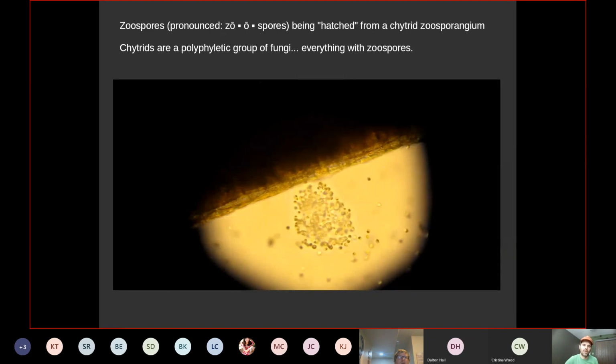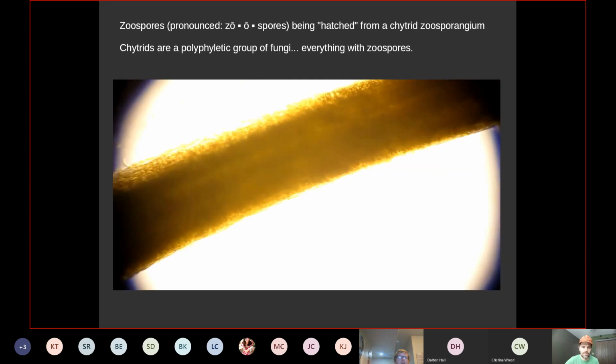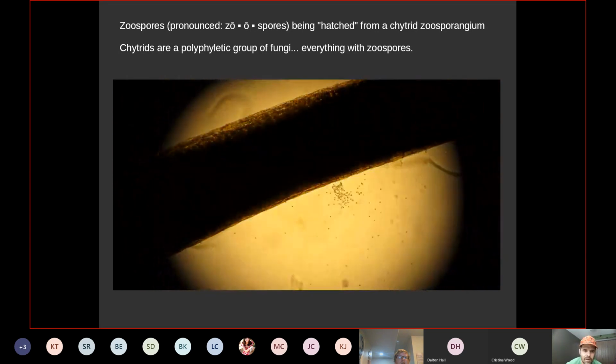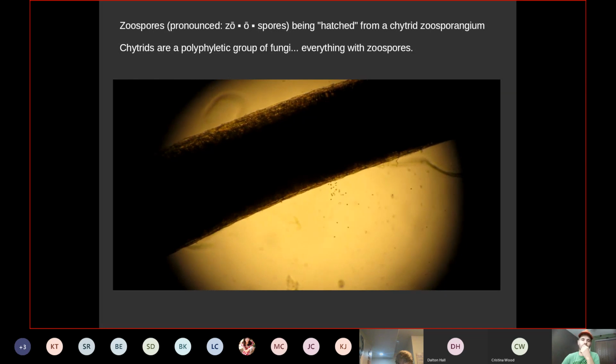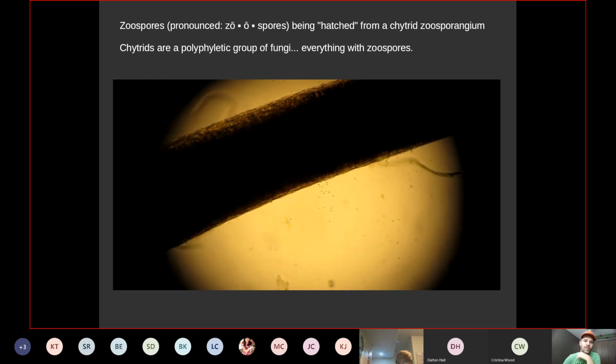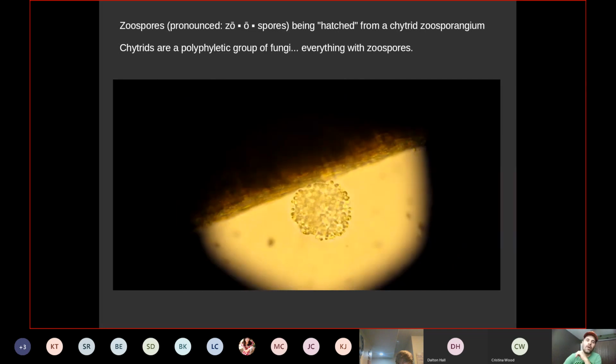Those zoospores go out, they find a new substrate, they land on it and grow a new chytrid body. All right. So that's zoospores being released from a zoosporangium. We define chytrids not very rationally, just everything that has zoospores, we call it a chytrid.